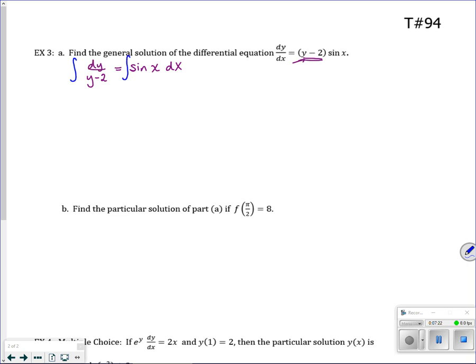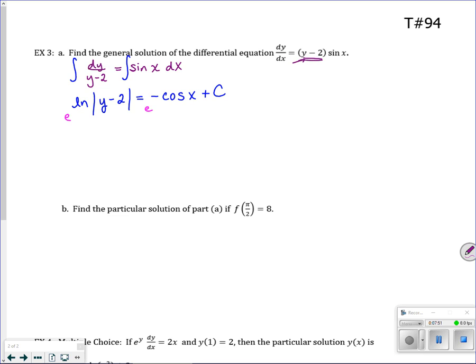So when I integrate, I would have the natural log of the absolute value of y minus 2 is equal to the integral of sine. Who has a derivative of sine? That would be negative cosine of x plus c. I do have an ln on the left, so I'm going to go ahead and do that e to the step.